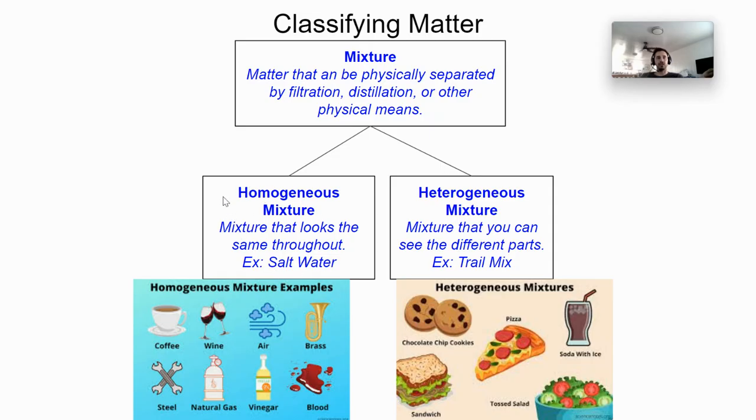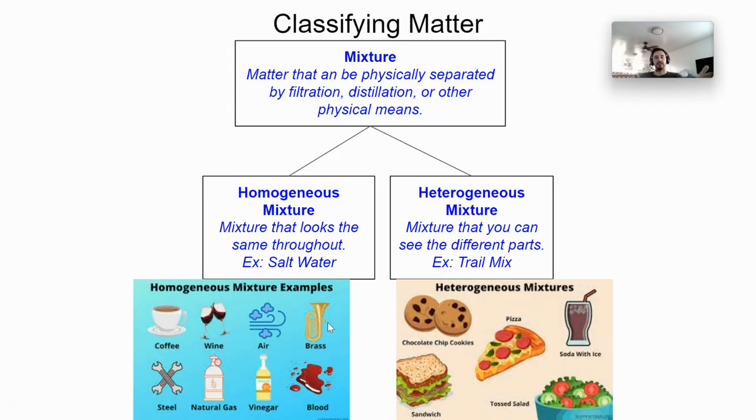You see only one thing. You can't see the different things. So in coffee, you can't see the sugar and the water and the coffee extracts, like the caffeine. You can't see any of it in the coffee. Wine just looks like one pure substance, but it actually is a homogeneous mixture.